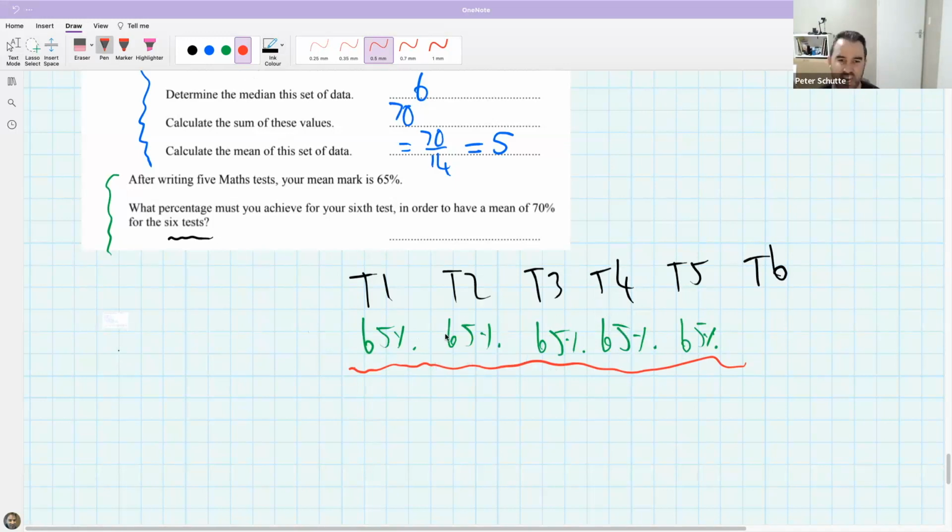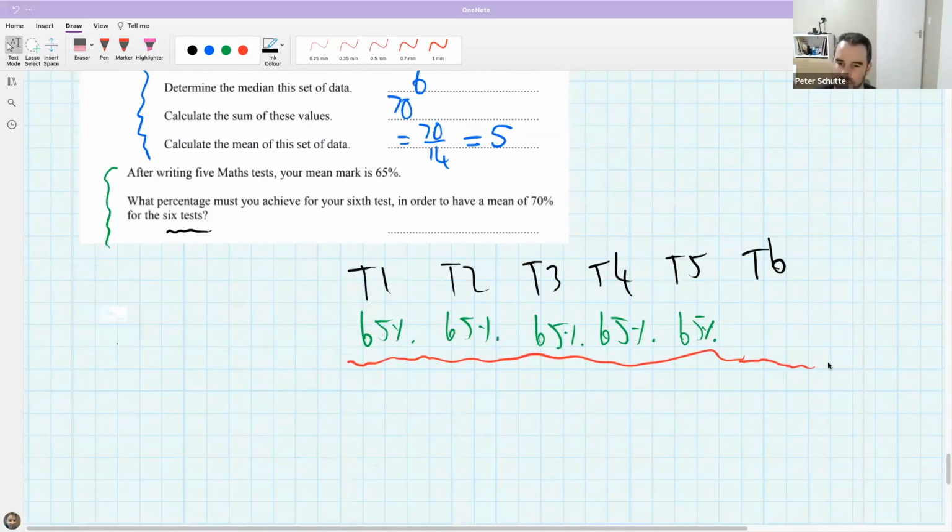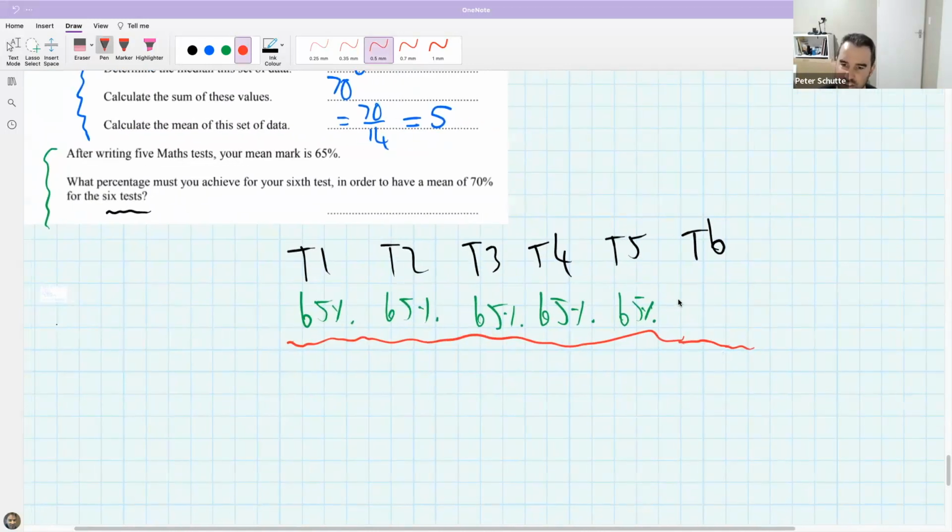Are you okay with representing it like this? Okay, now here's the big problem. If you have to get an average for all of these, do you agree this one is going to have to be very, very high in order to drag the whole average up?